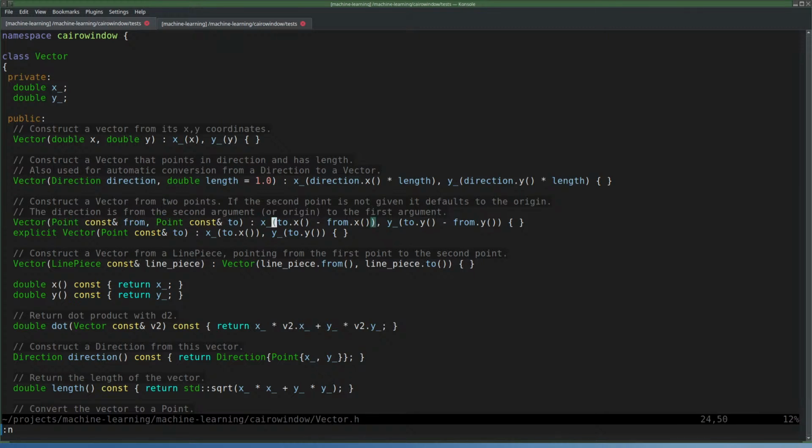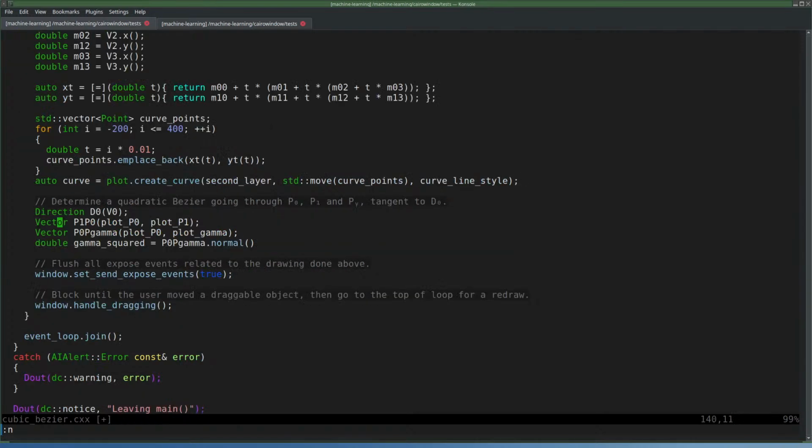The x coordinate becomes something minus something, or this is x, sorry, this is 0 and this is gamma, so from must be gamma. That's the first one. So I must construct it from gamma, and that's then from. So it is from gamma to P0. So this must be reversed.